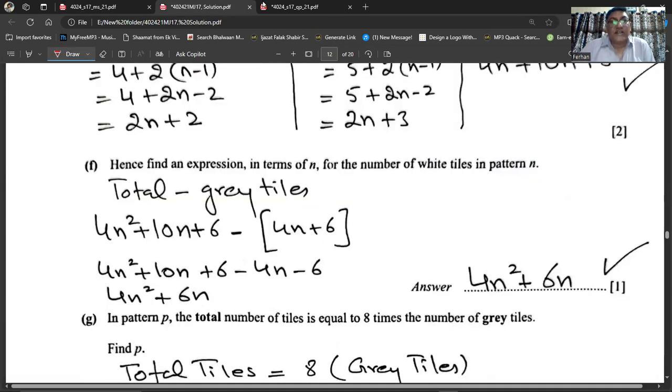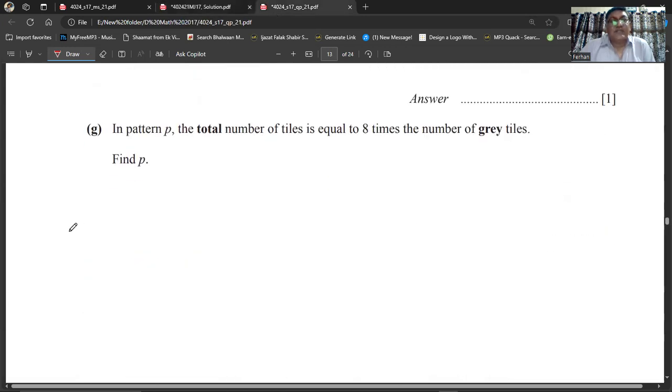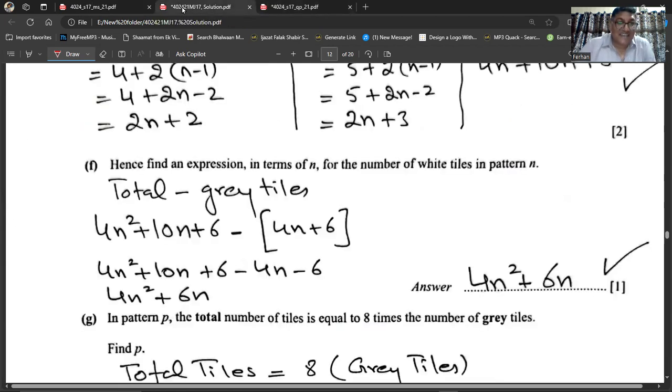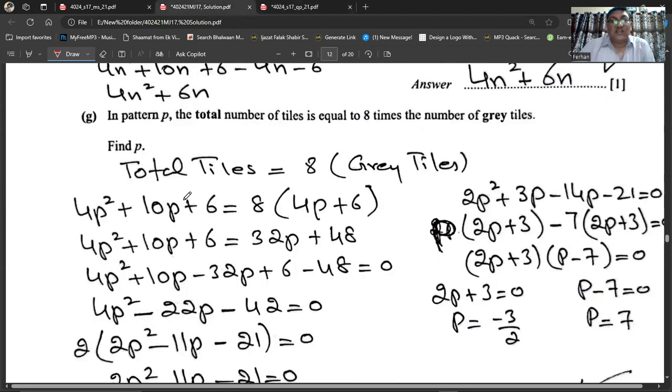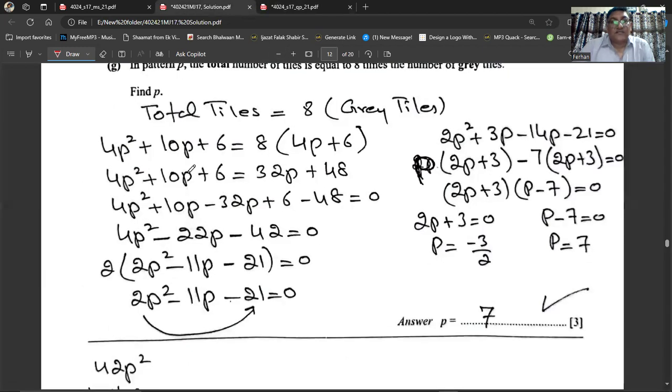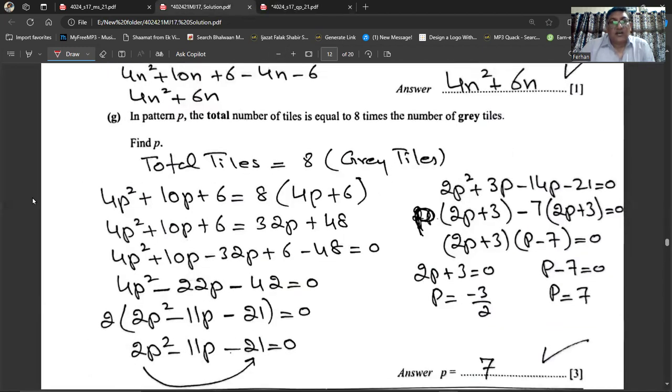I hope you understand. Then they say in pattern P, the total number of the tiles is equal to 8 times the number of the gray tiles. So total tiles equals 8 times the gray tiles. The total tiles nth term was 4n squared plus 10n plus 6.